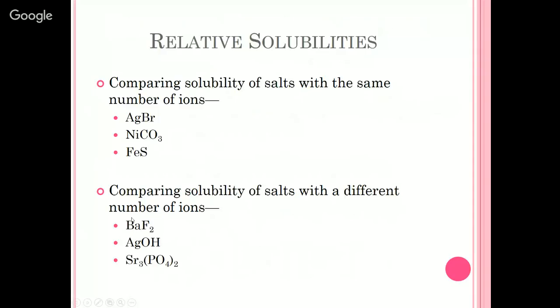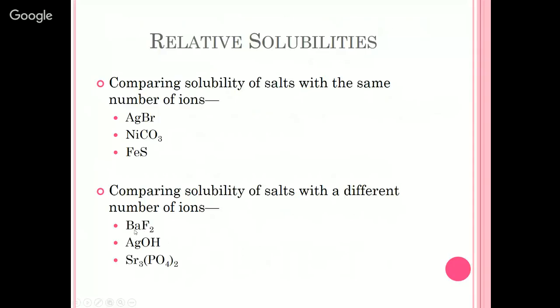So we'd end up with 4x cubed. This is x, this is x, that would be x squared. I'm just talking about what our equilibrium expression looks like. Here, we would have a 3x cubed and a 2x squared, and that equilibrium expression would be 108x to the 5th.